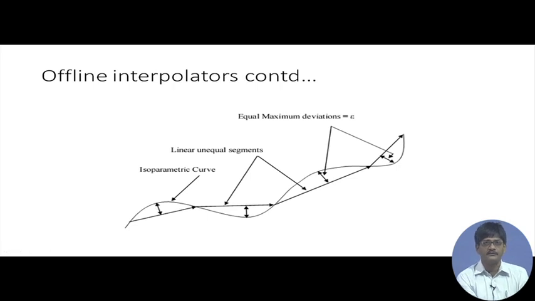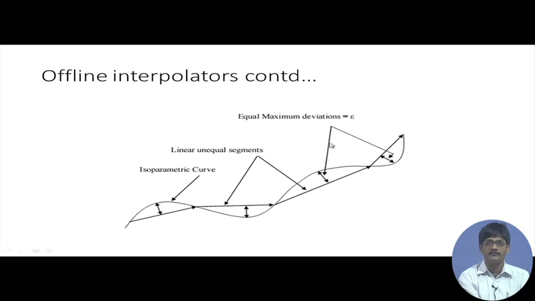So, we observe that these segments which are building up the tool path, they are unequal segments, and these deviations which are shown, these are equal. Why so? This is not arbitrarily happening, but this is what we try to do.